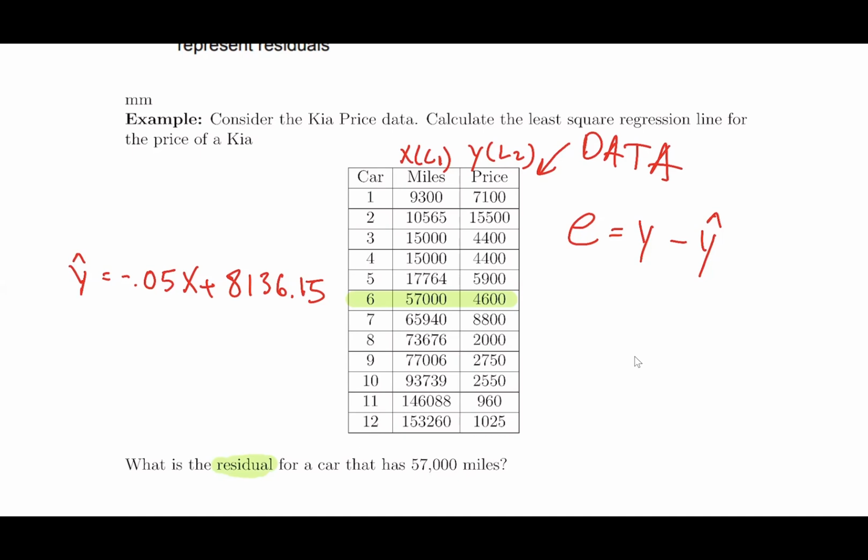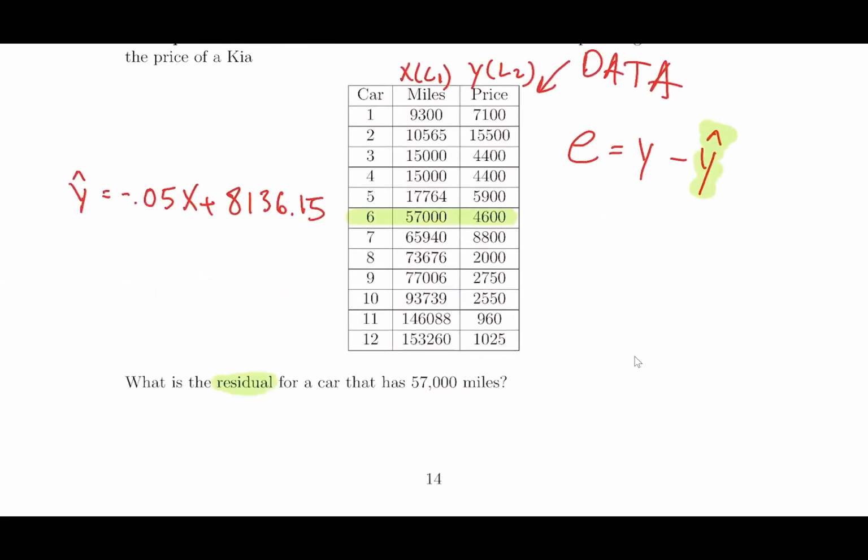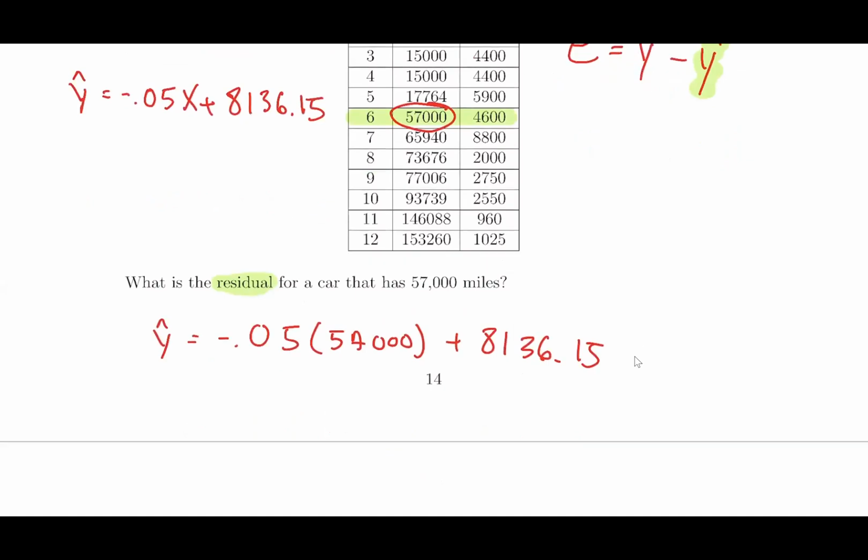Up next, we have to find y hat. In order to find y hat, we say y hat is equal to negative 0.05 times x, where x is the 57,000 miles, plus 8136.15. I'm going to calculate that on my calculator real fast.